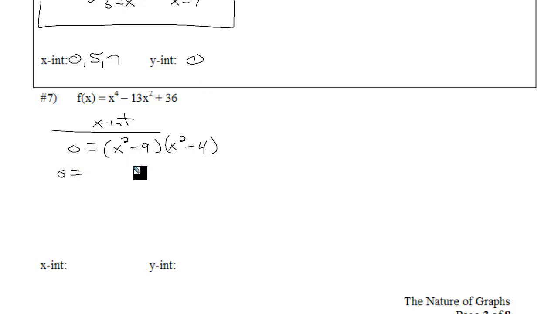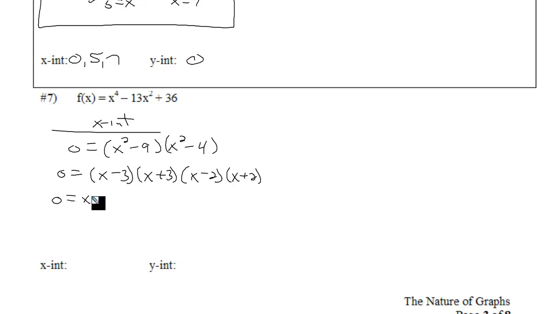X squared minus 9 is the difference of two squares. That's one of your factoring rules. X squared is a perfect square, and 9 is a perfect square, and it's a difference. This factors into an x less 3 and x more 3. X squared minus 4 factors into an x minus 2 and an x plus 2.